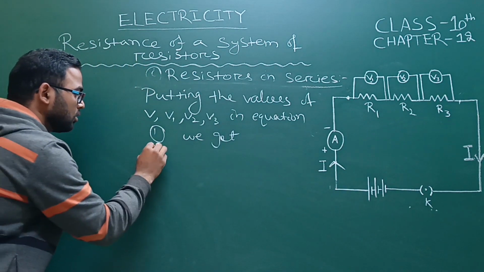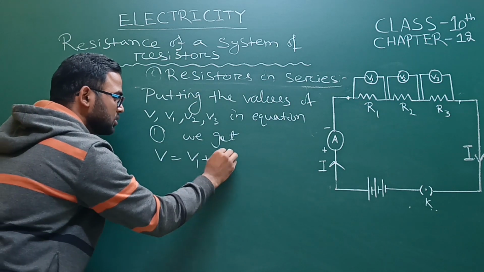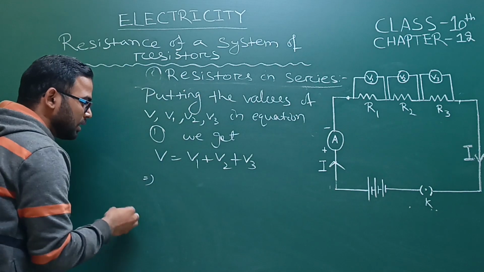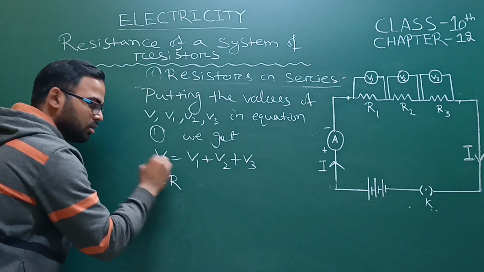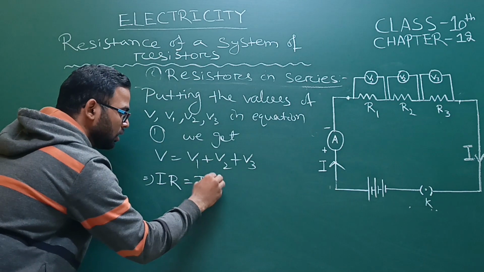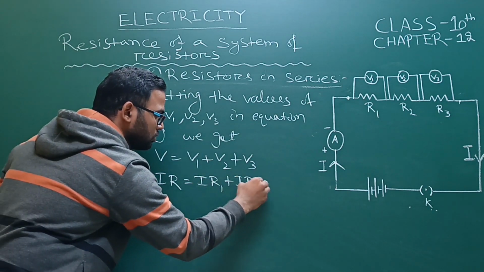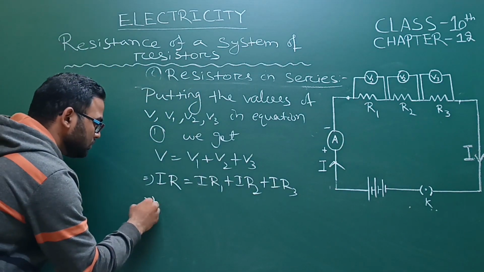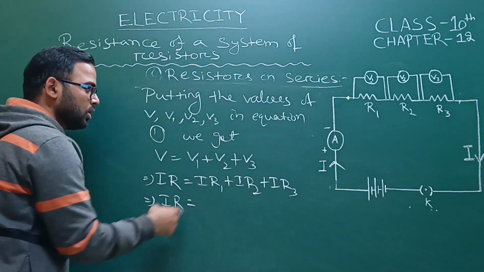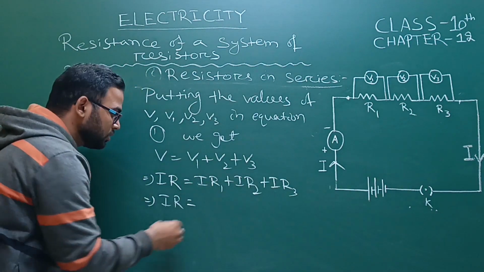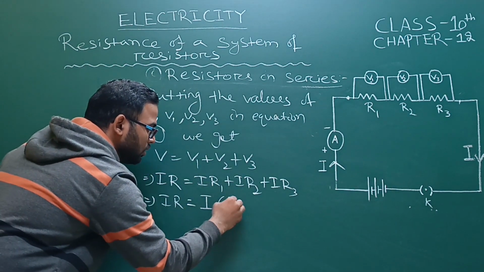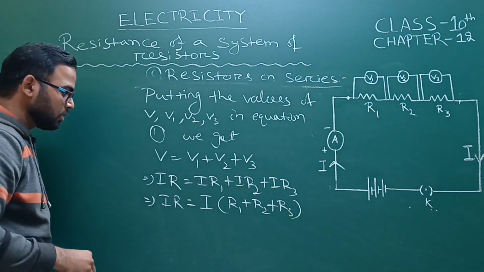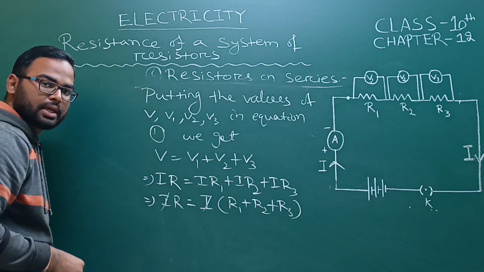What was our equation 1? V equal to V1 plus V2 plus V3. For V, we can write IR. This will be equal to IR1 plus IR2 plus IR3. So IR equal to, here I in the 3 terms is common, so we take it common, I times R1 plus R2 plus R3. Here I and I will cancel out.